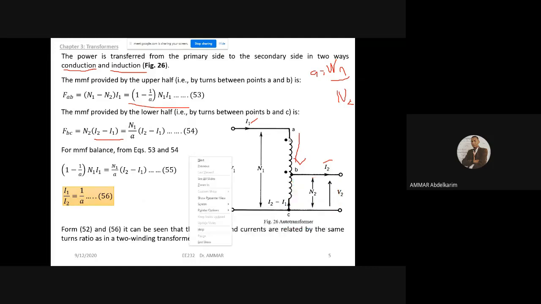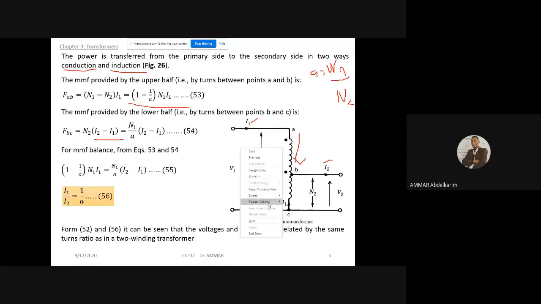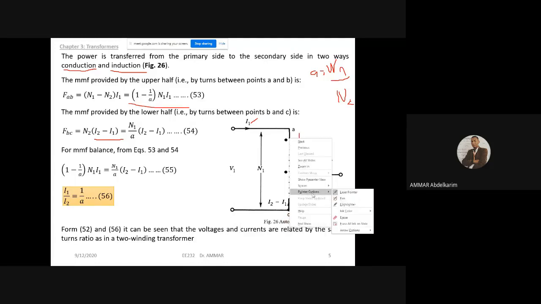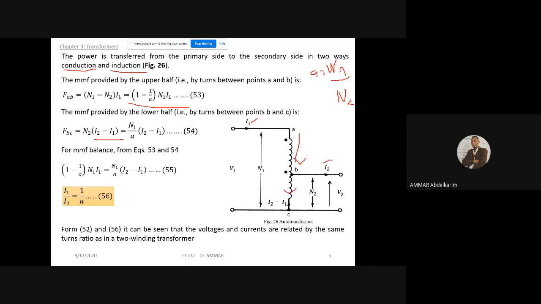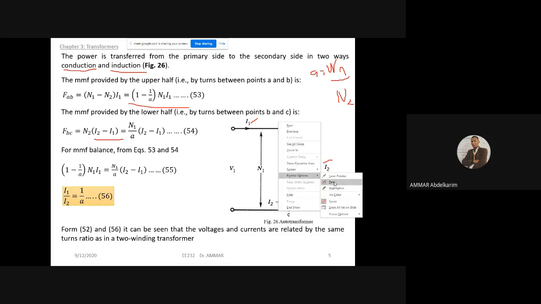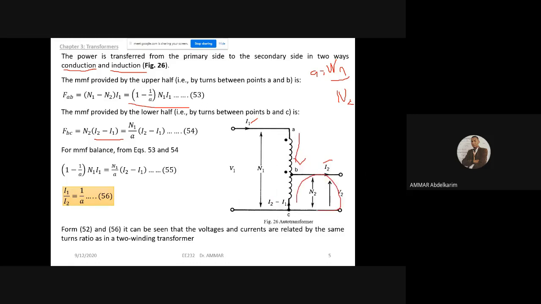So maybe when you see this, you think that the current will be flowing in this direction, like this. But it's not, because here we have a voltage created by induction. The voltage will be created in this direction, like a source.